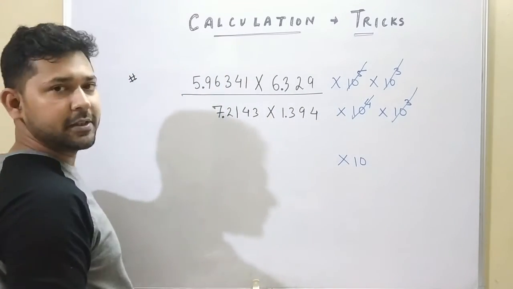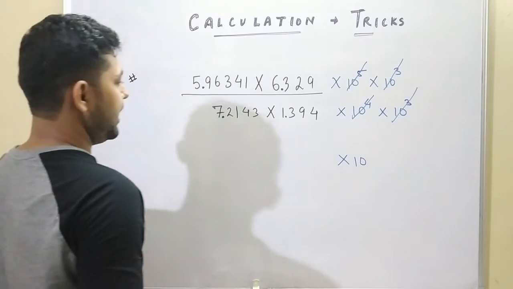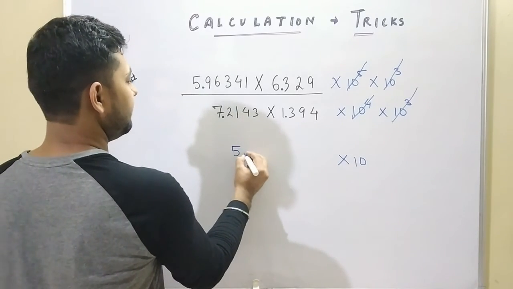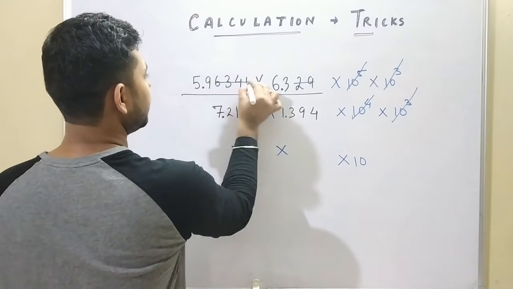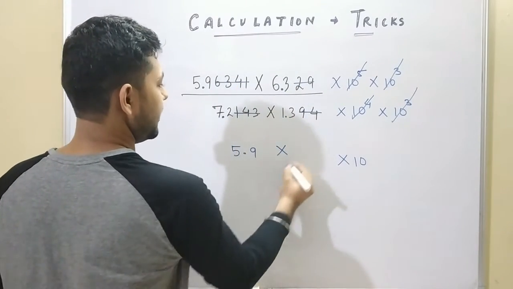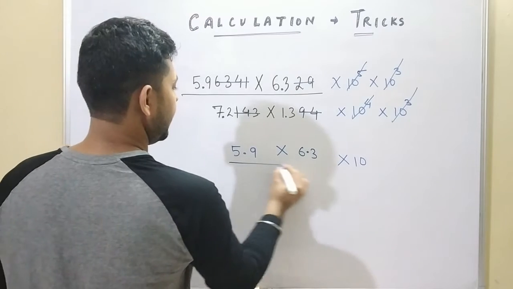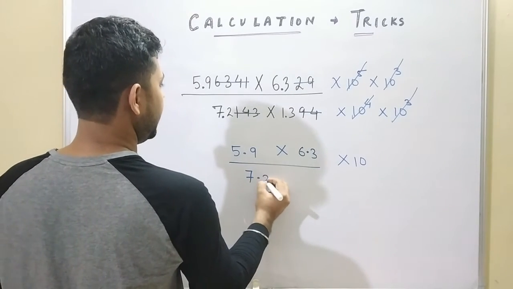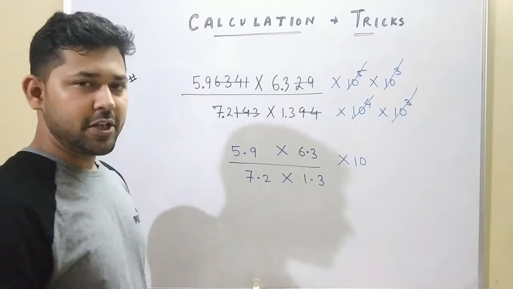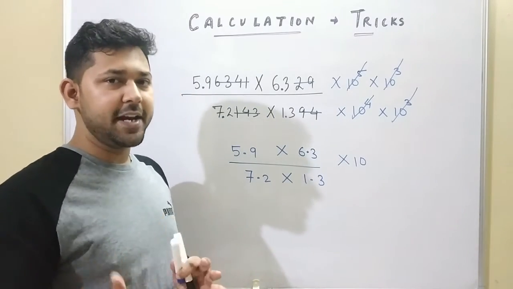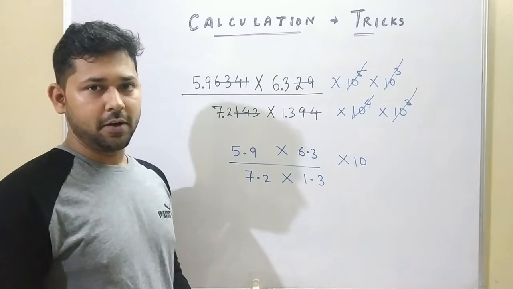So now we're going to just bring the number over here, 5.9 multiply, because this is of no use, 6.3, and here 7.2 multiply. Here you just go through with your idea of how you're going to solve it, right?